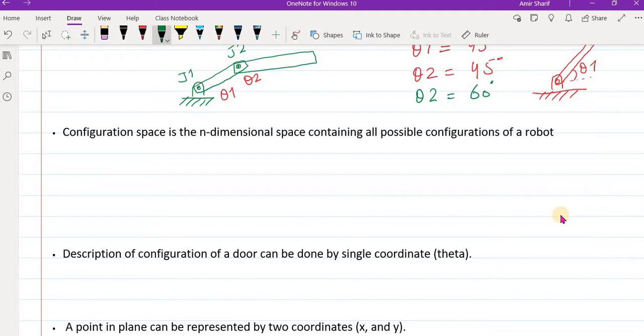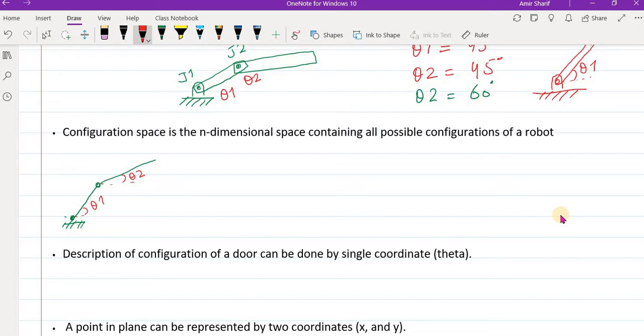And let's say for a 2D robot like this, this is joint 1 and this is joint 2, and I call them theta 1 and then theta 2. So for a 2-link robot, the n will be 2.